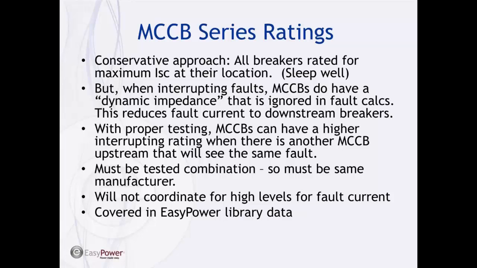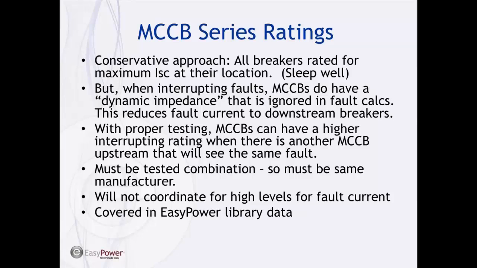But if the breakers are tested as a tested combination, you can effectively assign a higher interrupting rating to that downstream breaker than it would normally carry. So you can have a 22,000 amp circuit breaker that has a series rating of 65,000 amps if it's protected by an upstream device that it's tested with.